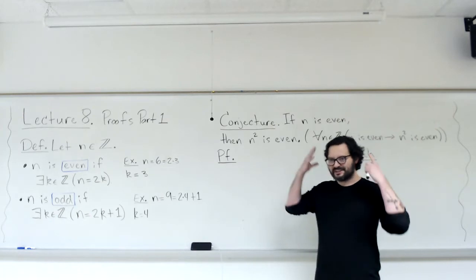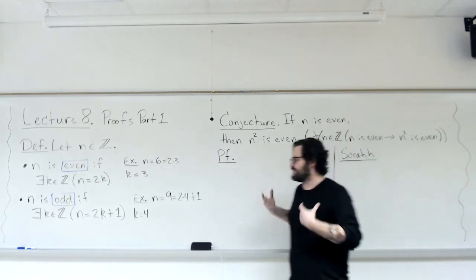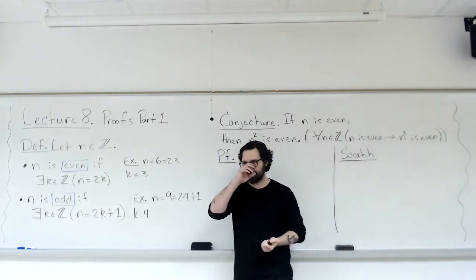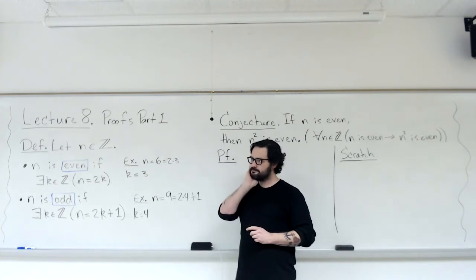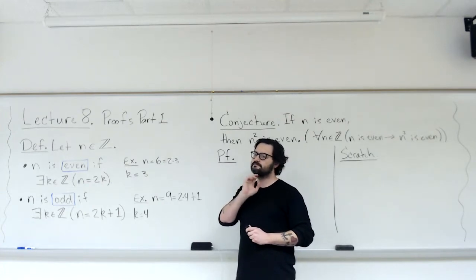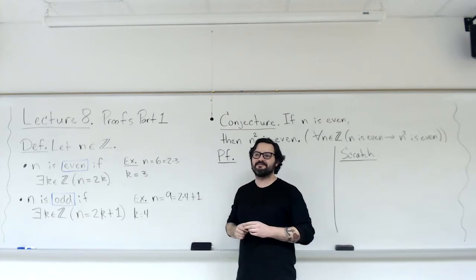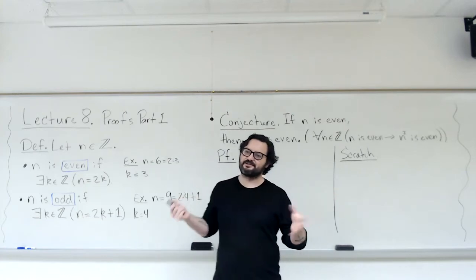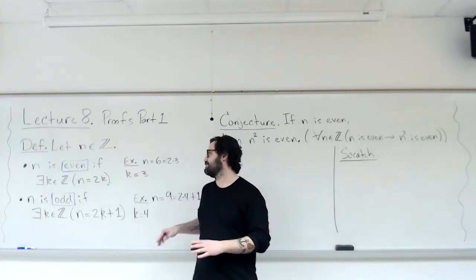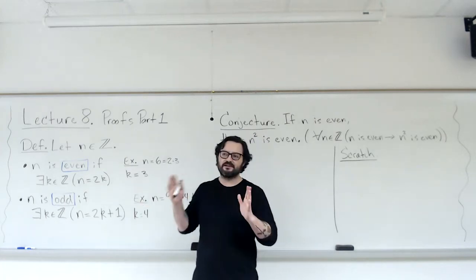So you're trying to piece it together, right? And it's my job to help you understand how to do this. Now, if you multiply two even numbers, your result is even, but why? Well, we're about to figure it out, actually. Let's figure it out, and then I'll come back to it.